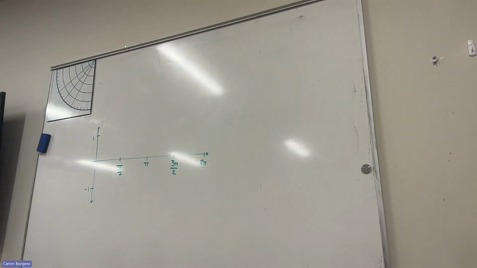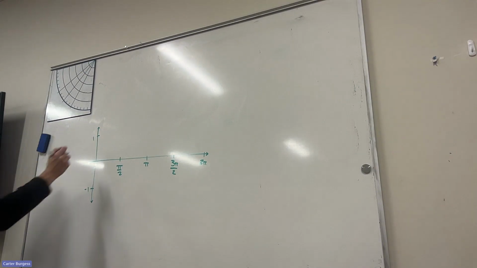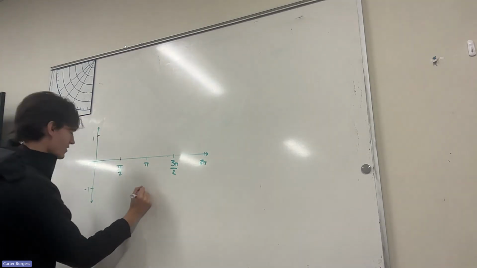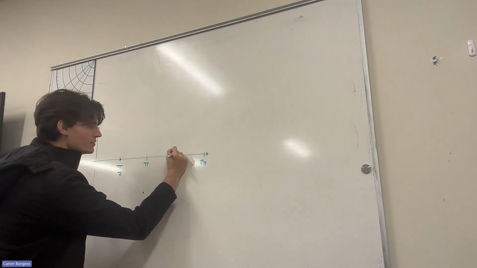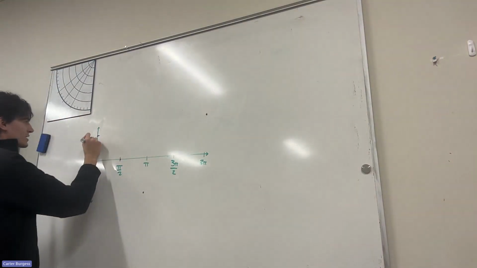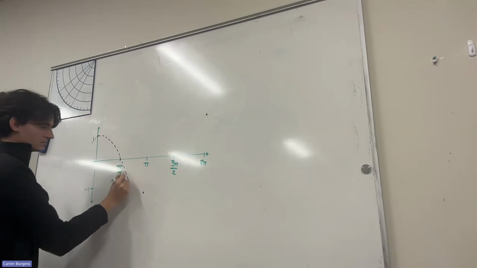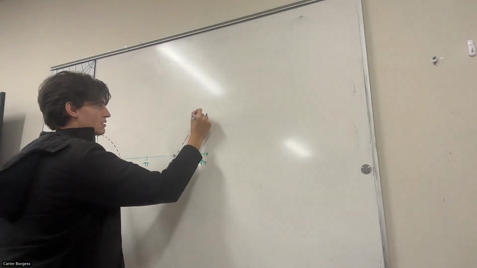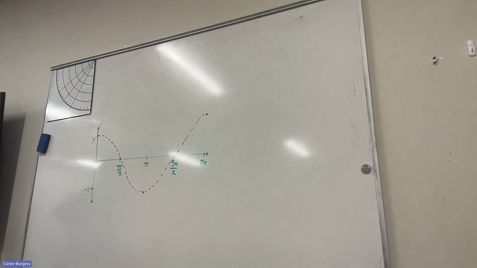For our cosine function itself, we said we go max, then mid, then min, then mid, then max. So looking at something like this.